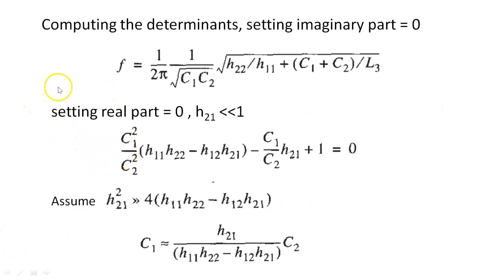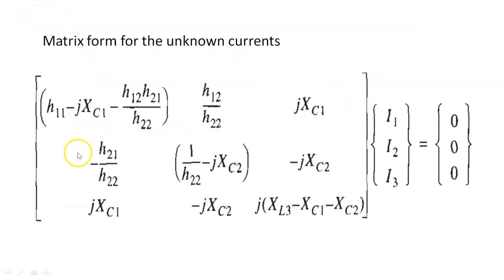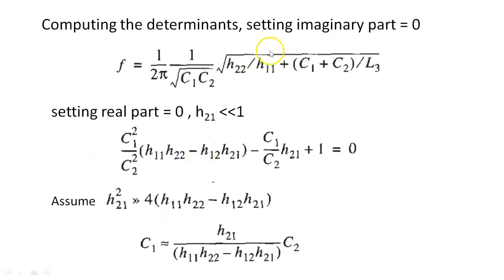In Colpitts oscillators, for finding the loop currents, the value of the capacitor and the frequency of oscillation, first we need to find the determinant of this matrix. After finding the determinant, the equation contains real and imaginary parts. We set the imaginary part equal to 0 and solve.